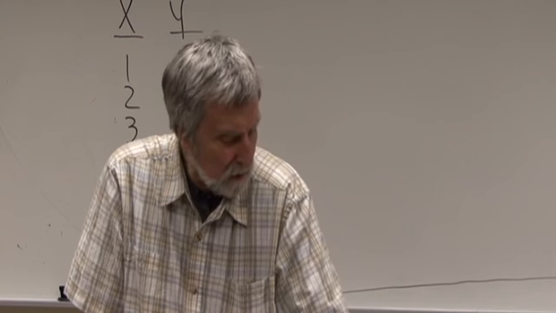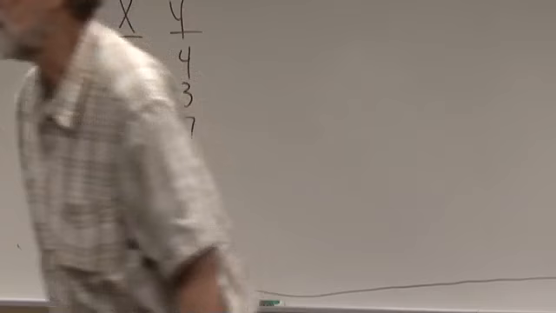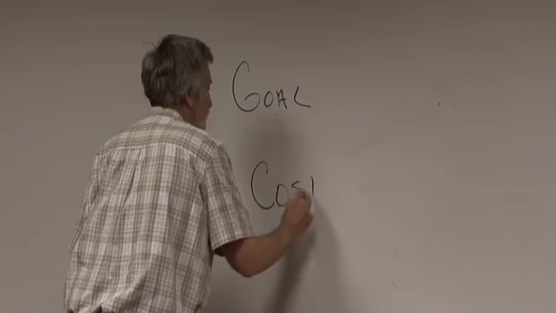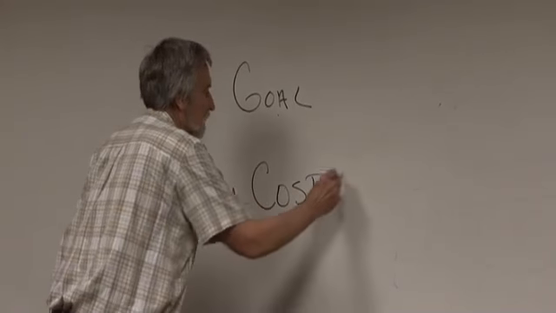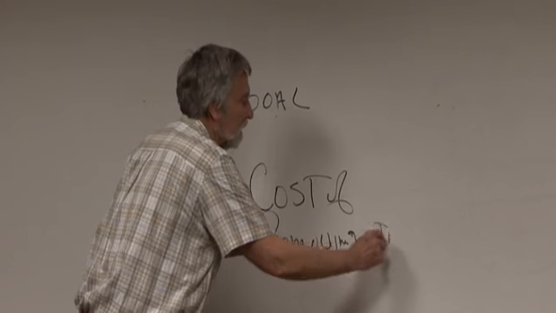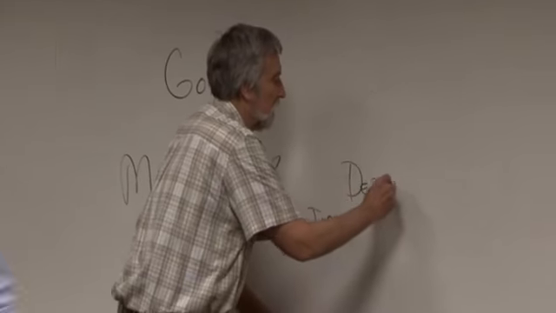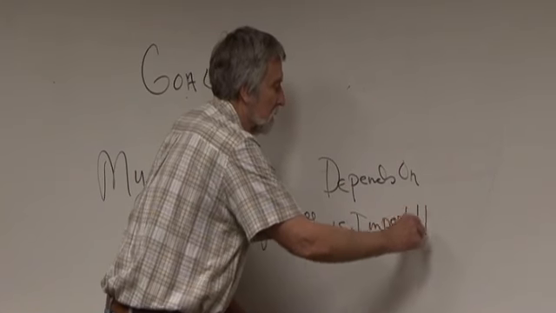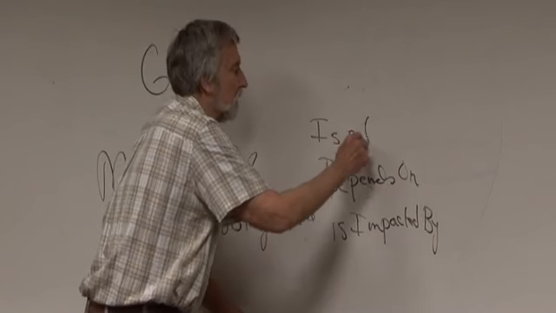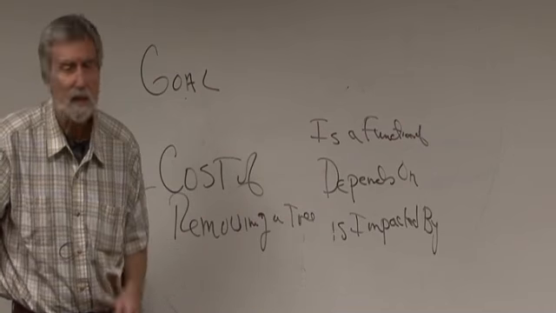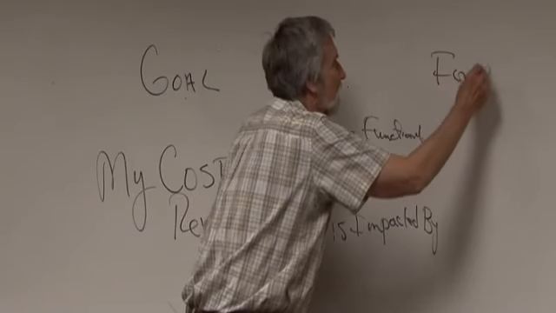My goal is impacted by force 1, force 2, ... But then for this particular problem, you would replace the goal with: my cost of removing a tree depends on, is impacted by, is a function of, these words all mean the same thing, force 1.